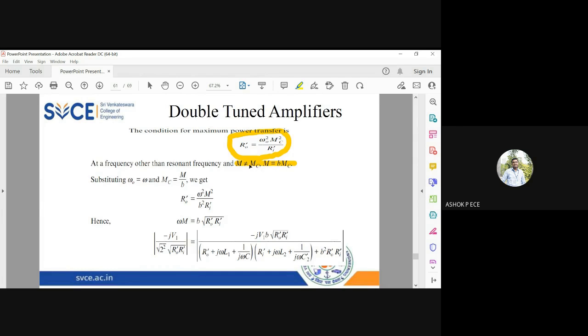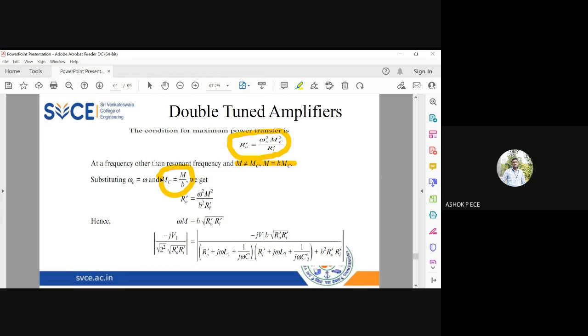Since M and MC are not the same here, in the presence of MC, I'll be substituting M by B. So in this equation, see here, R0 dash equal to omega0 square MC square by RA dash. Instead of MC, I'm going to put it as M by B because it is not going to be at resonance. The maximum power transfer is not happening at resonance.